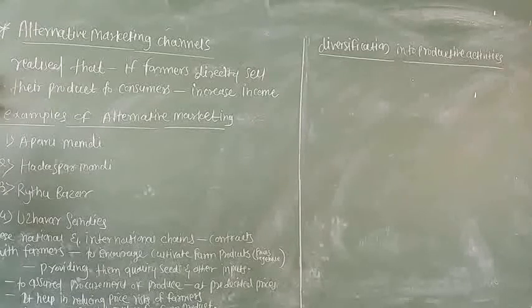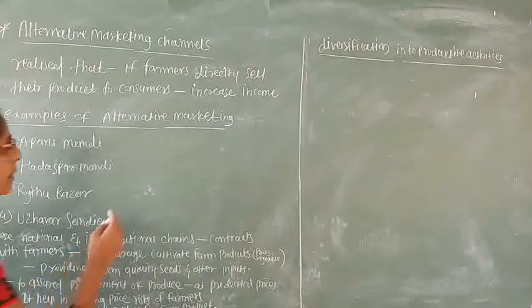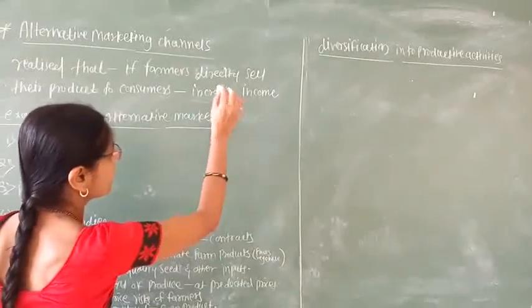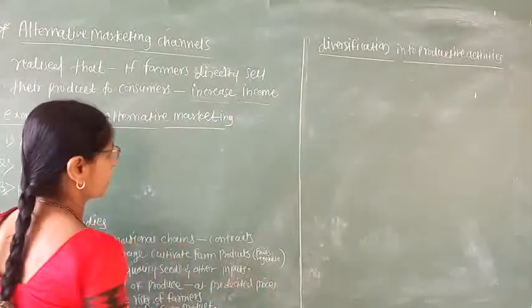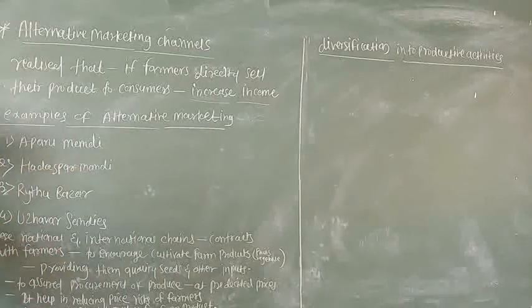It is realized that if the farmers directly sell their production or their product to the consumers, then it may increase the income of the farmer. See here, if the farmers directly sell their production of the food grains to the consumers, then it increases the income of the farmer.